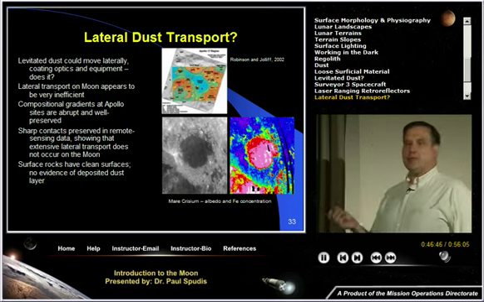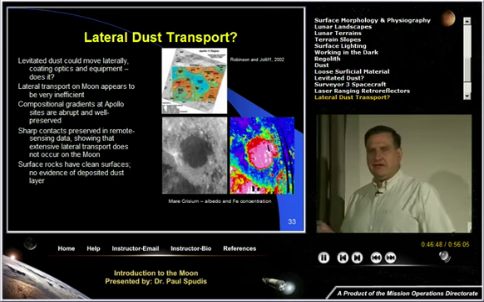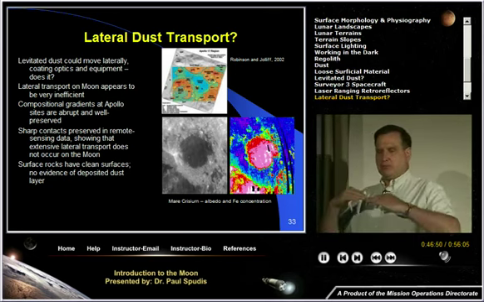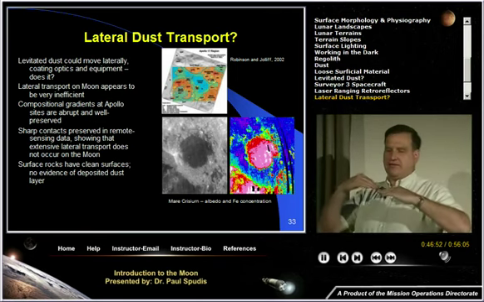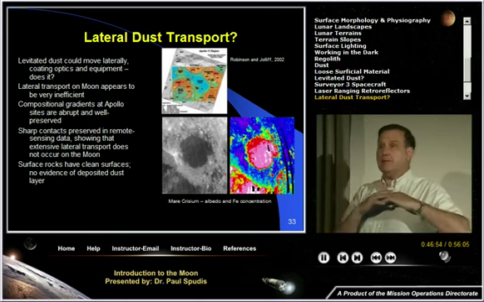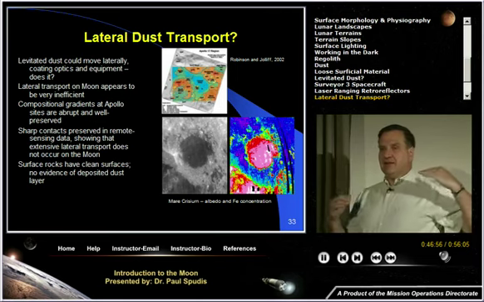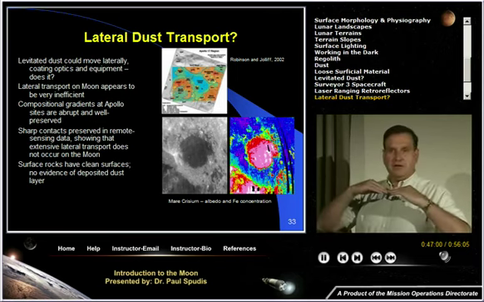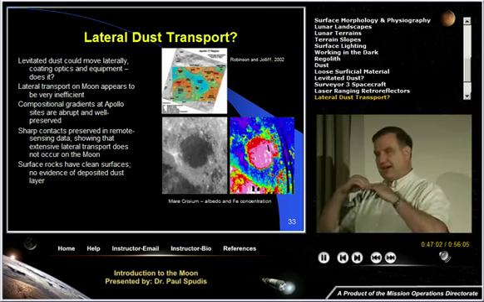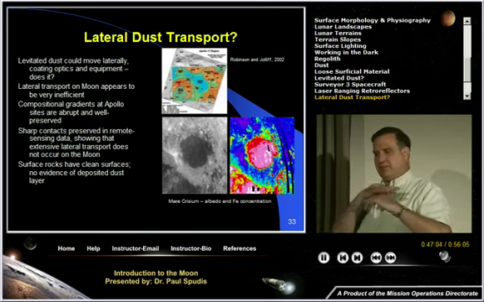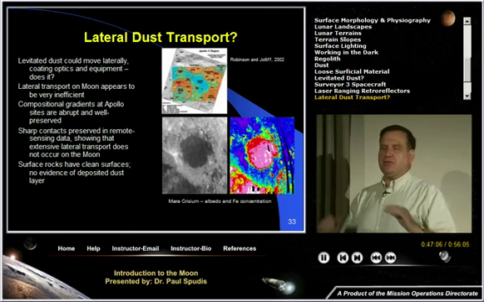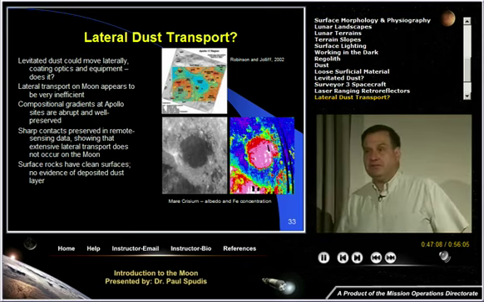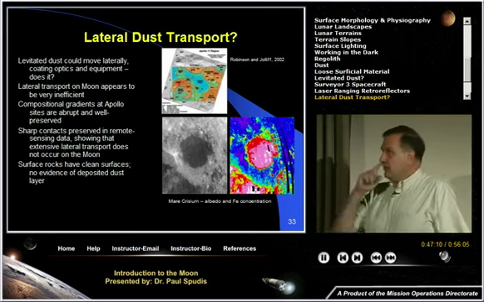Now, if lateral transport were significant, you would expect to see a contact where you have one type of rock unit against another type of rock unit smear out with time. Basalts are very high in iron and highlands are very low. So if you have a Mare highland contact, you would expect to see a nice gradational change between those two. But you don't. Now we're talking about areas here, and this is Mare Crisium.